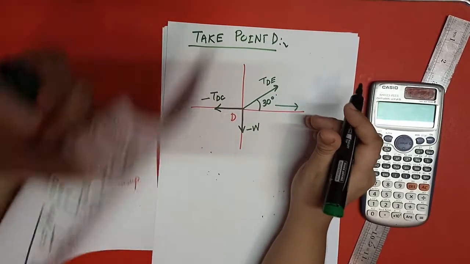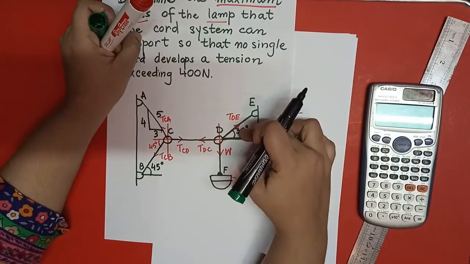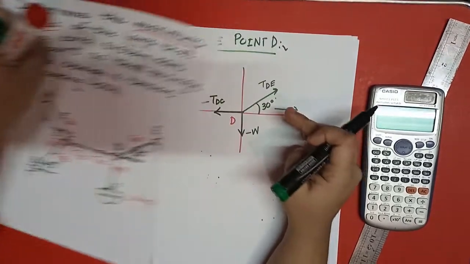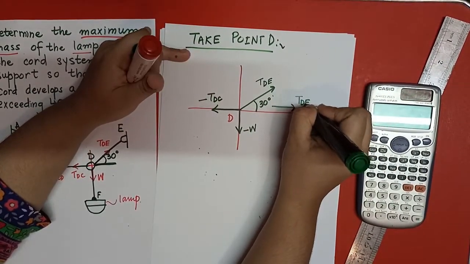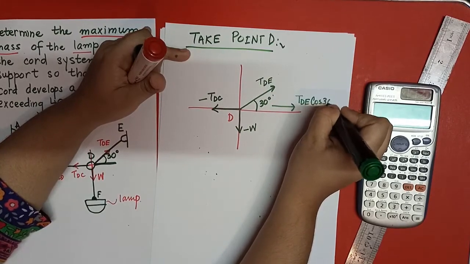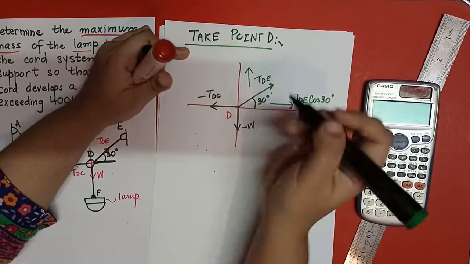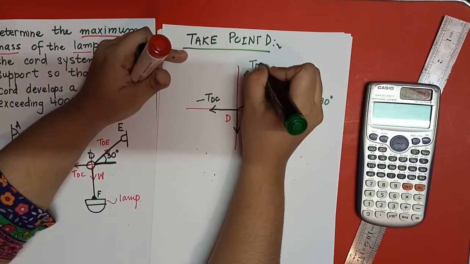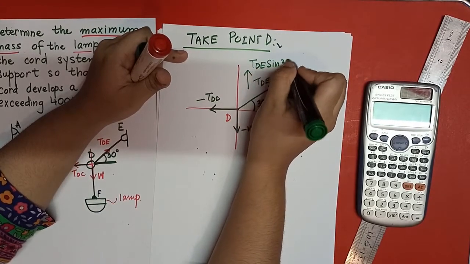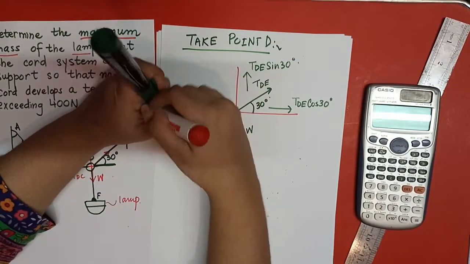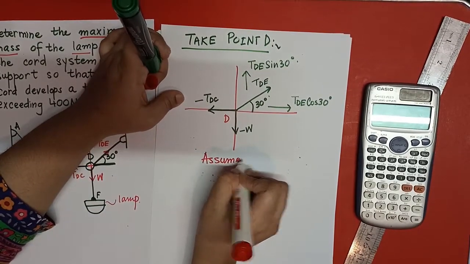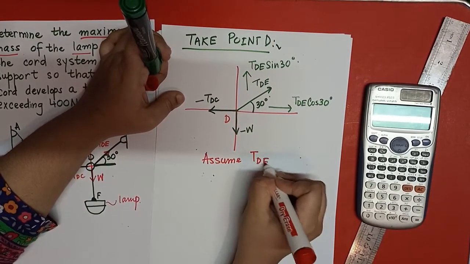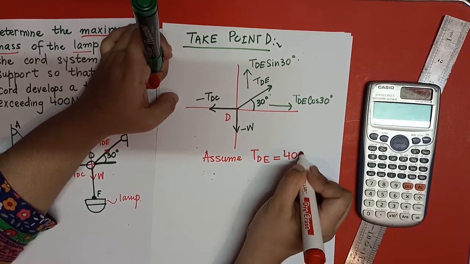You can easily see over here, I have taken this tension, and this is the weight. So I am writing TDE cos 30 degrees here, and there is another component, TDE sine 30 degrees. Here I am taking TDE equals 400 Newton, suppose it.